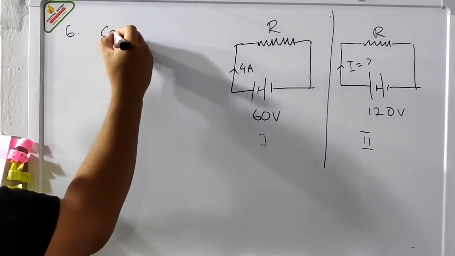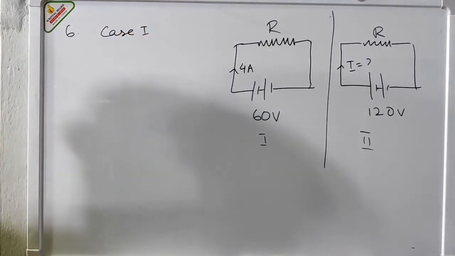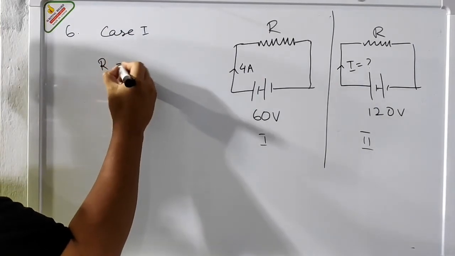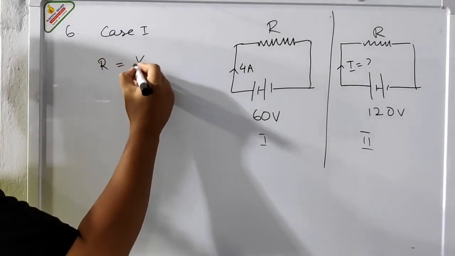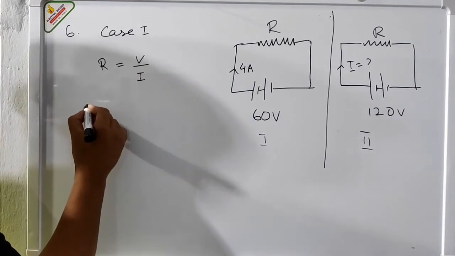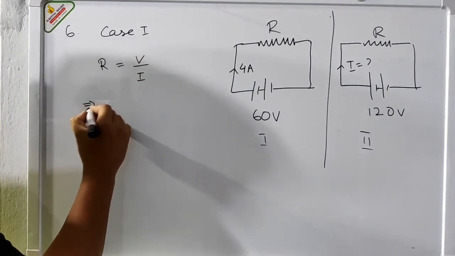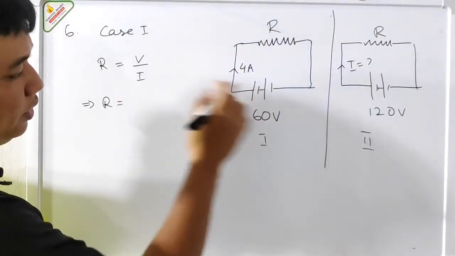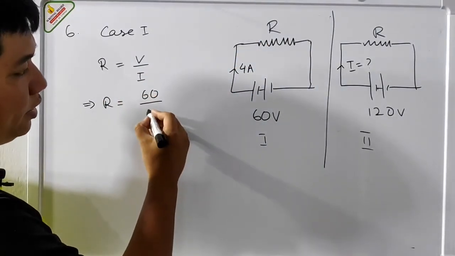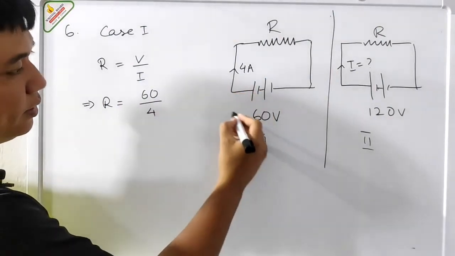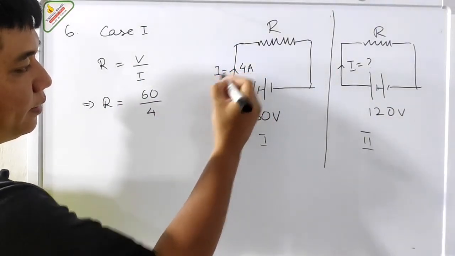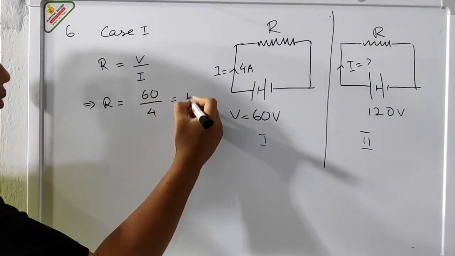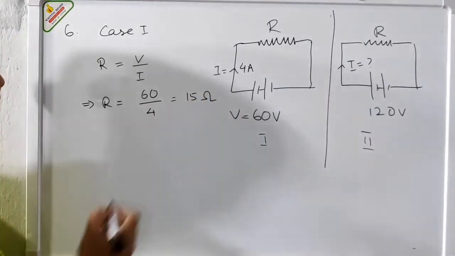Case 1. From case 1, we can calculate the value of the resistance using Ohm's law. R equals V by I. V is 60, I is 4. Then we get 60 by 4 is 15 ohm.